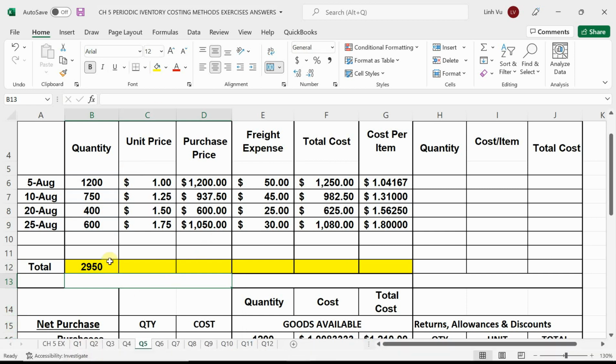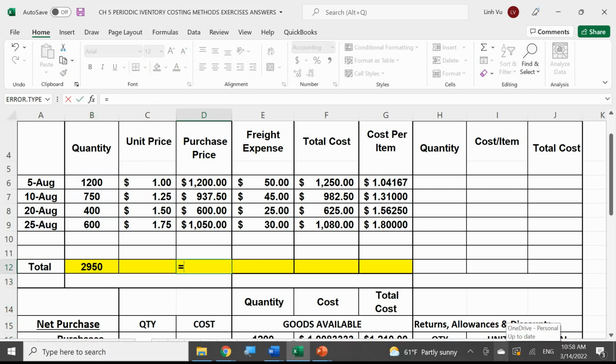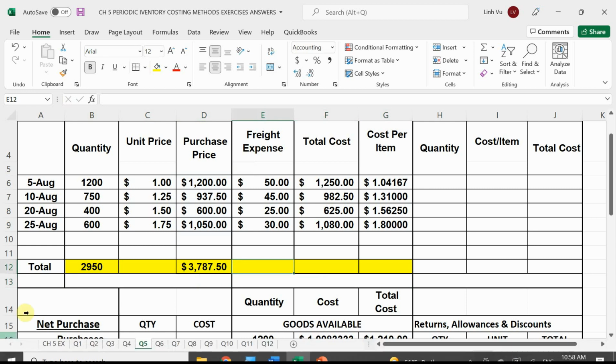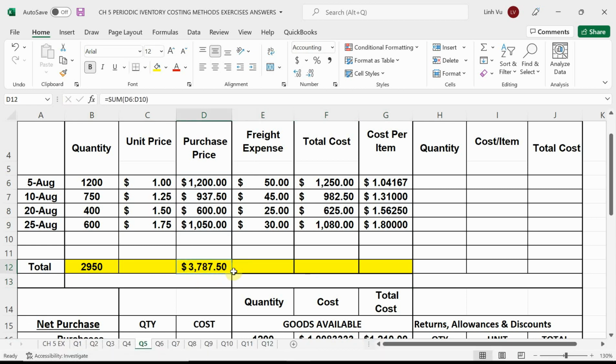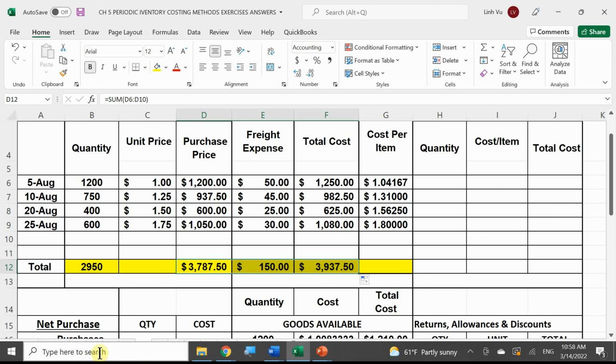What is the total purchase price? $3,787.50. What's my total freight? $150, giving me a total cost of $3,937.50. Okay.